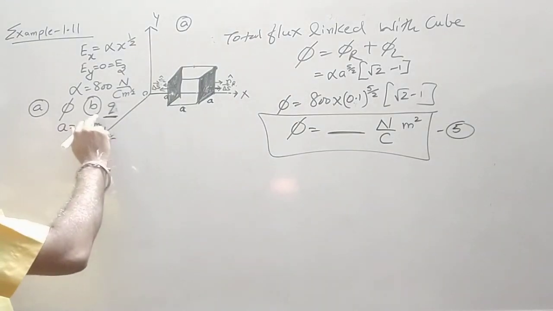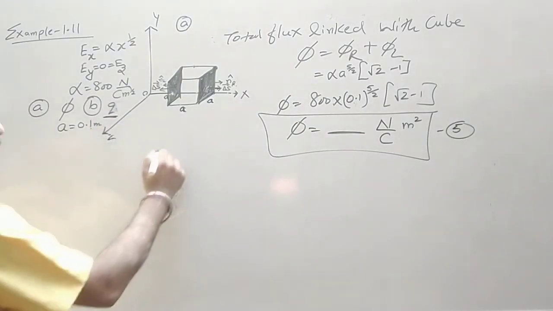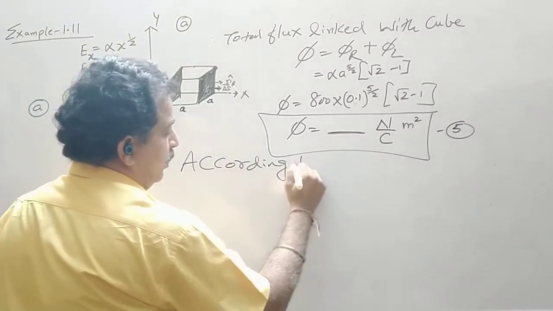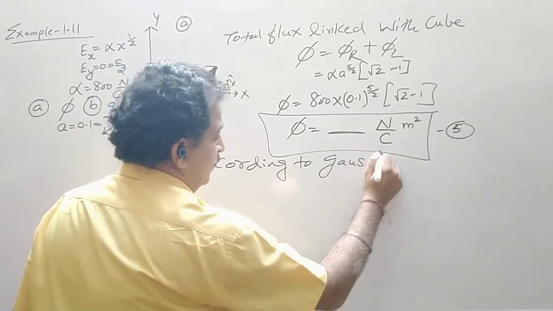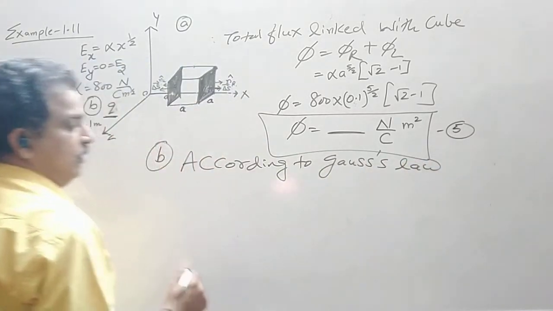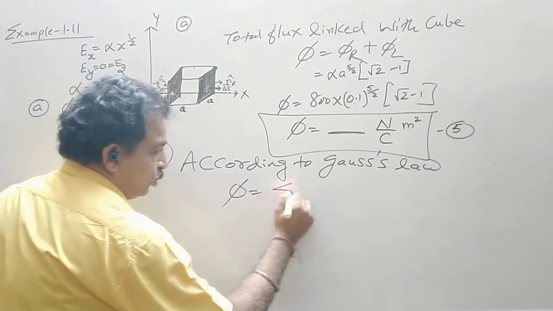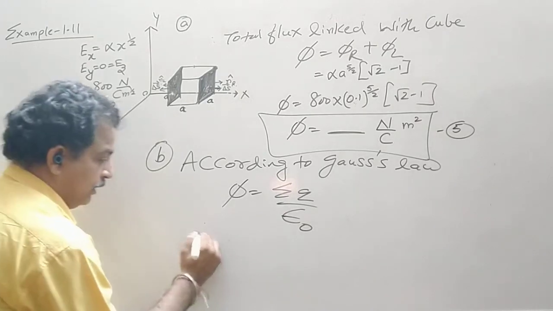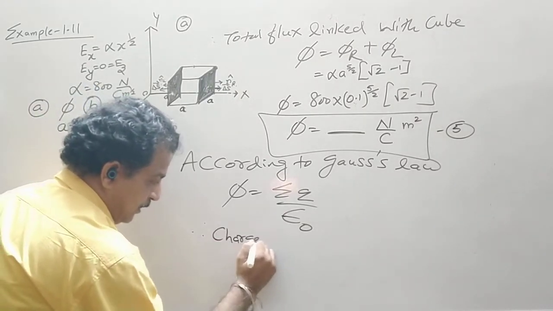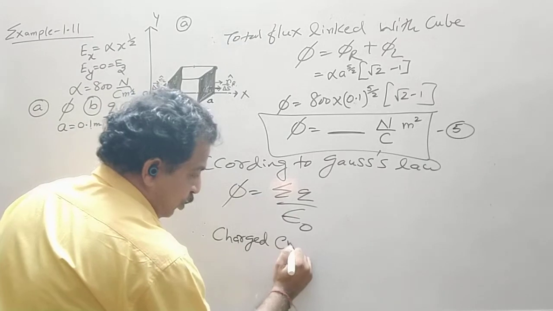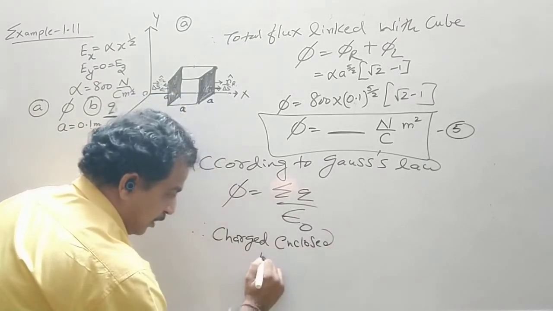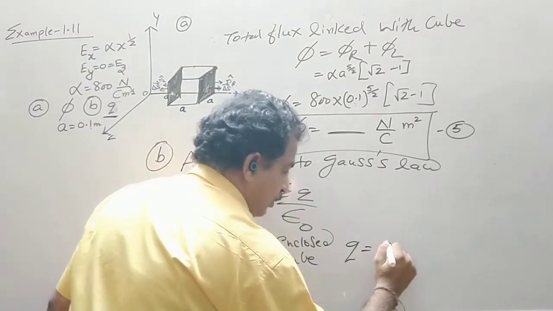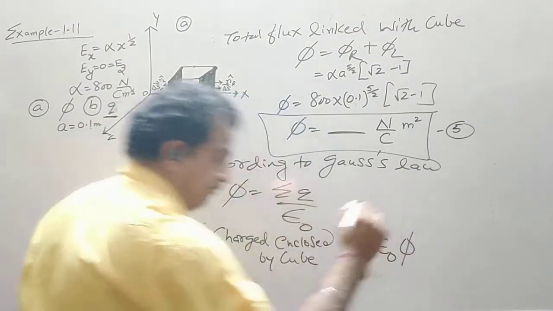Now the second part is also find out the total charge. So according to Gauss law, the flux is equal to summation q upon epsilon naught. Therefore, charge enclosed by q or summation q is equal to epsilon naught times the flux.